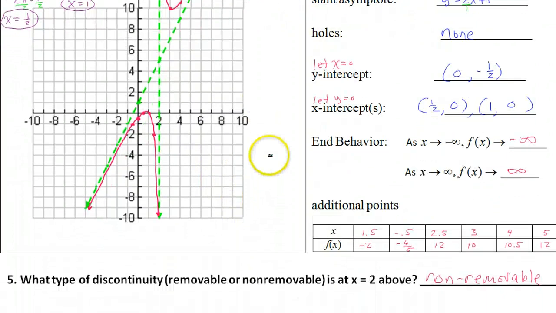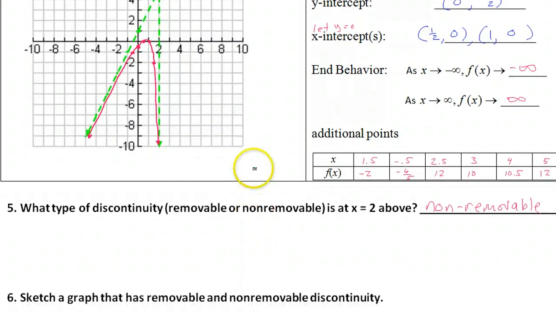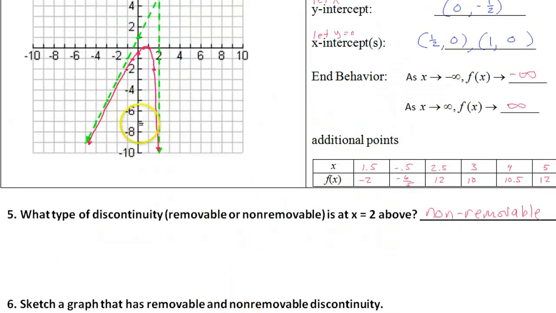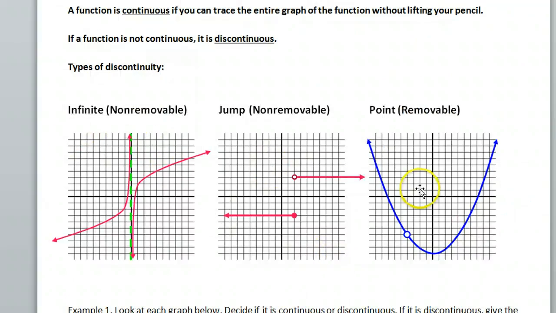Let's take a quick look at number 5 and 6 before we end this video. What type of discontinuity is x equals 2 above? So remember, x equals 2 was a vertical asymptote. We talked about 3 different kinds of discontinuity. By the way, a discontinuity is any kind of a break in the function.